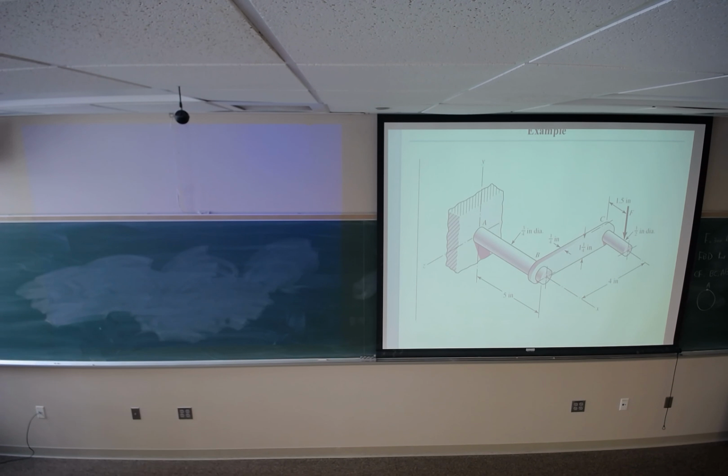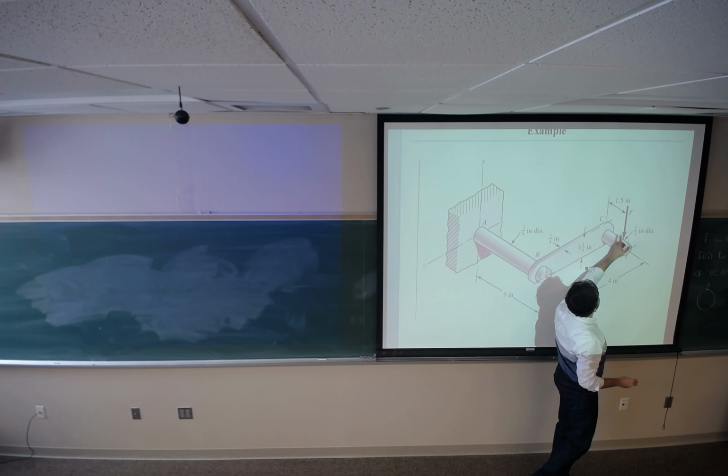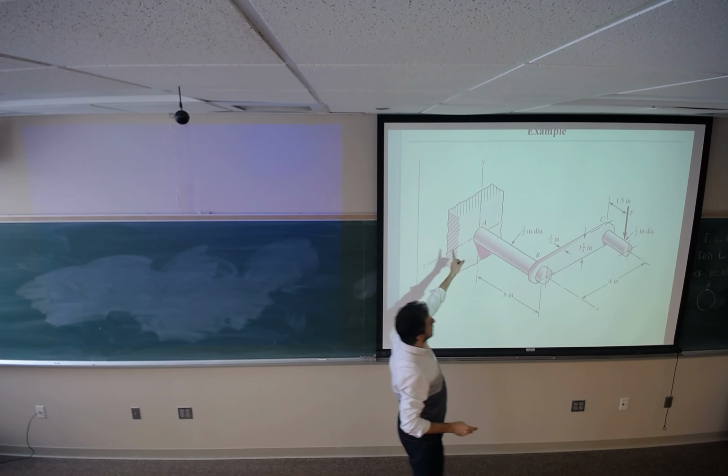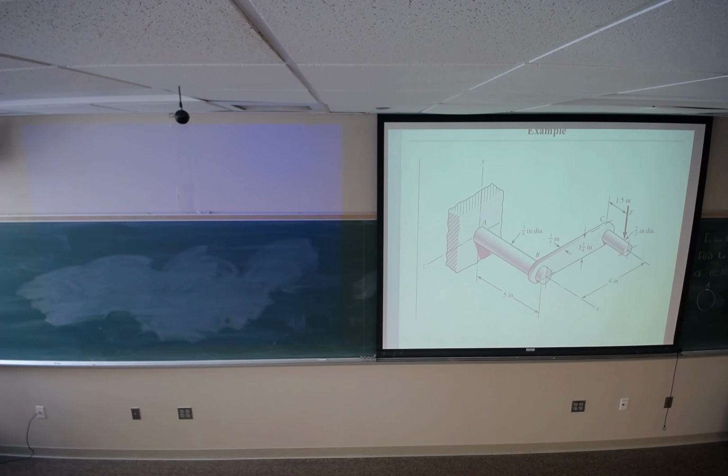I will do the free body diagram for component CF and BC. Then I'm asking you to do the free body diagram for component AB as a class activity. So I will start with component CF.